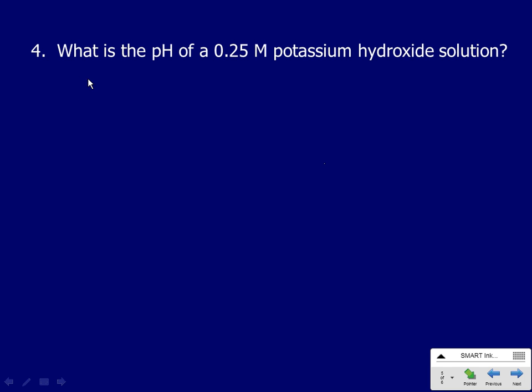If I have 0.25 molar KOH, I'm not going to be able to figure out H3O plus, but I should be able to figure out how much OH minus is there. Whoops, that was supposed to be an O. How much OH minus is in the water if we have 0.25 molar KOH in the water?